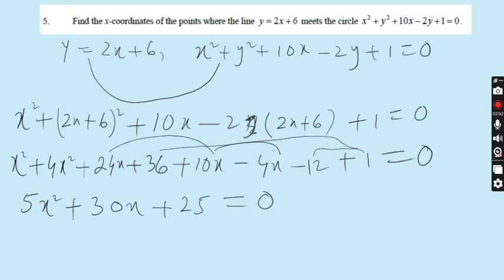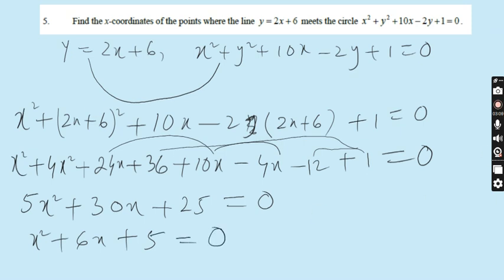Reduce this equation by dividing each term by 5. We will get 5 upon 5 is x squared, 30 upon 5 is 6x, and 25 upon 5 is 5, and 0 upon 5 is 0.